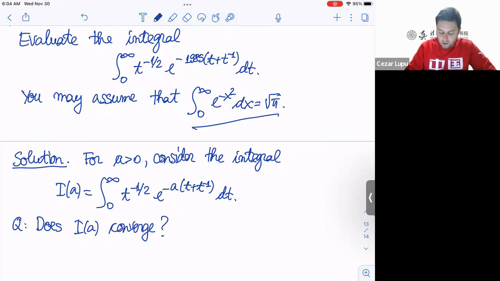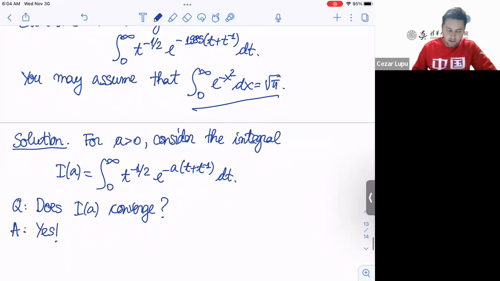Well, the thing is that if you look at this, the integrand is bounded by t to the negative 1/2. So the short answer is yes, because this function inside, let's call this f of t.